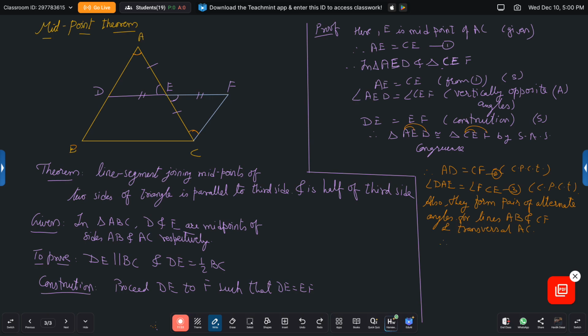Therefore, AB is parallel to CF. That is, you can say BD is parallel to CF. I am going to use this. I'll write this as 4.